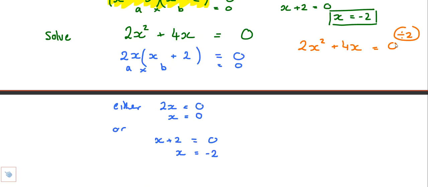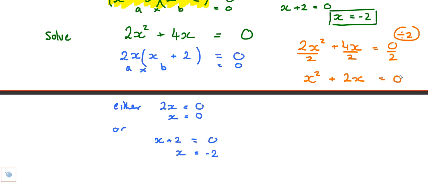I'm not factorising at this stage, but I am dividing through by a common factor. A common factor of 2 and 4 is 2, so I divide all parts by 2. That leaves me with x squared plus 2x equals 0.